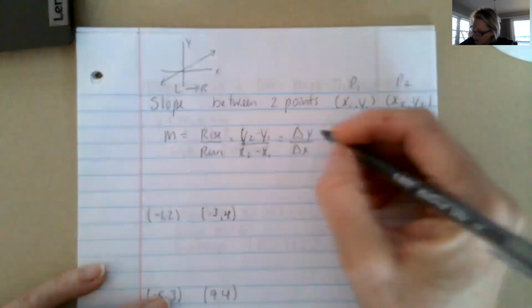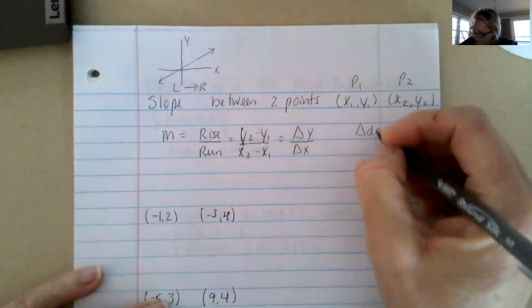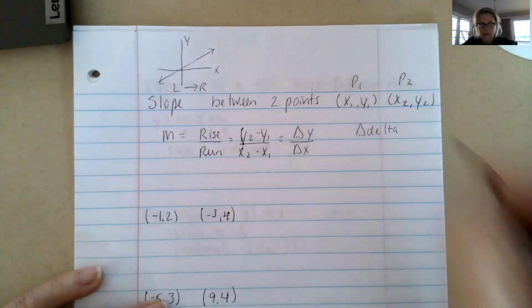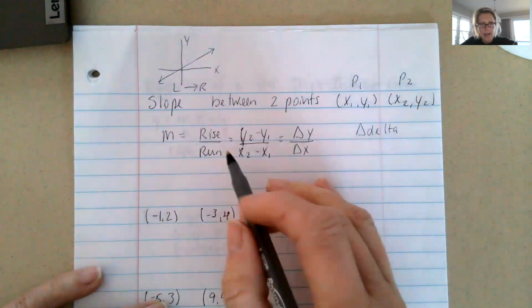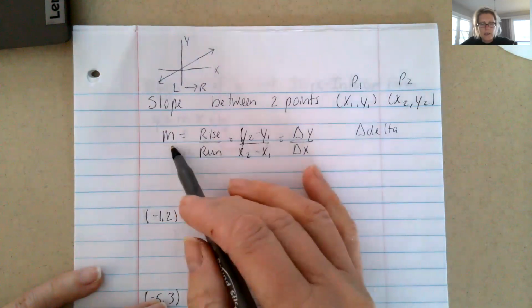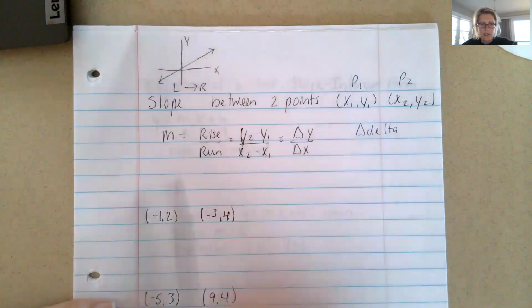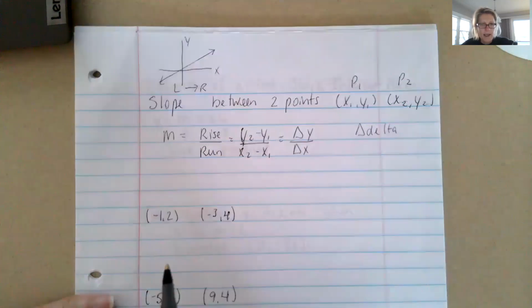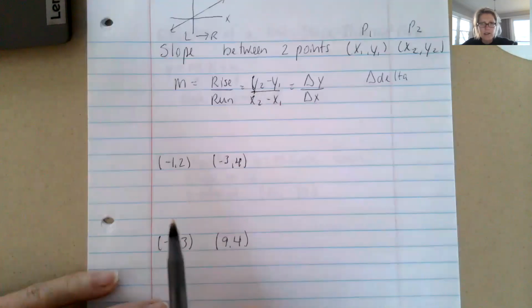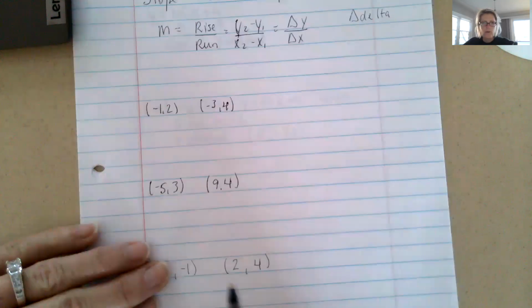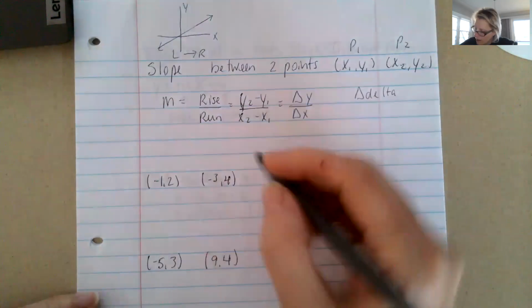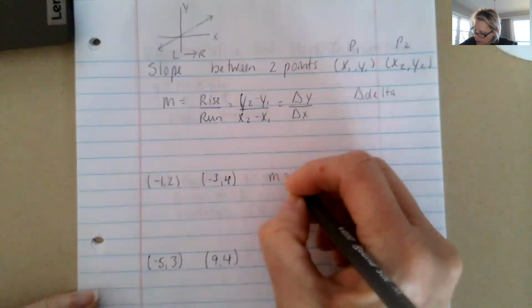This symbol here is a delta symbol in Greek letters. We usually give it the letter m when we're writing a linear equation. I'm going to show you how to calculate the slope for 4 different sets of points so that you can see a couple different outcomes.